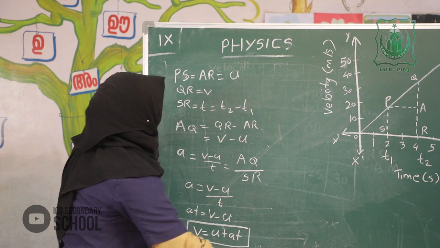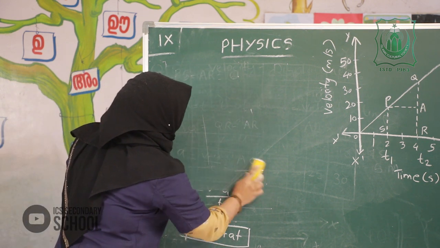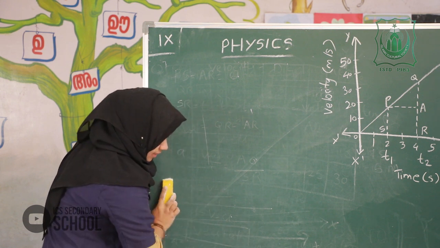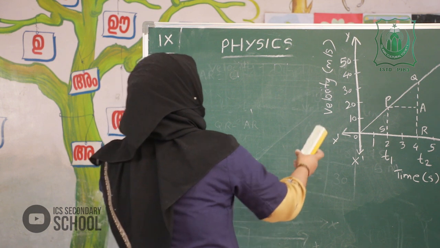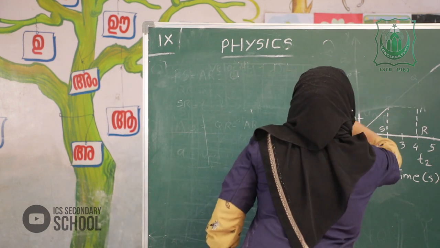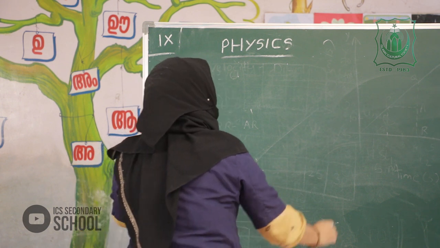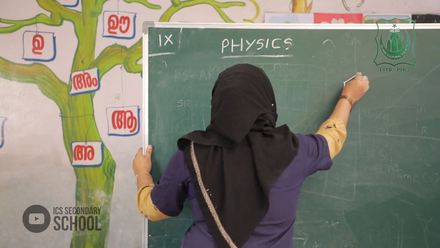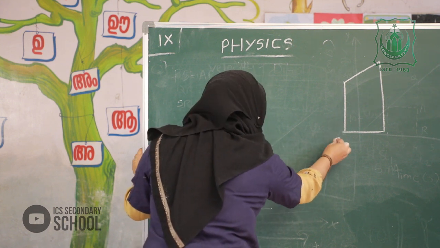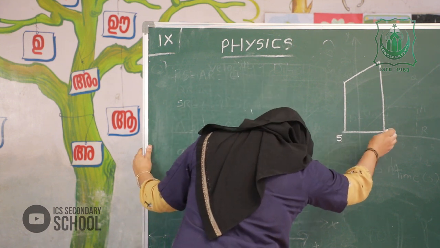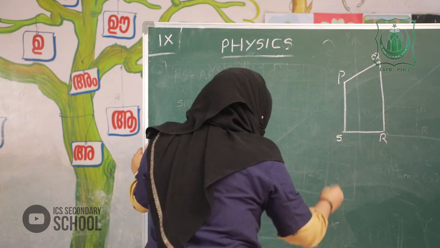Next, how to calculate the displacement of an object? So I take a trapezium PQRS.